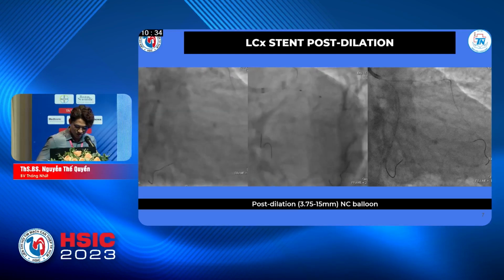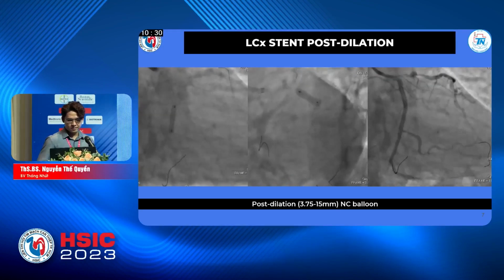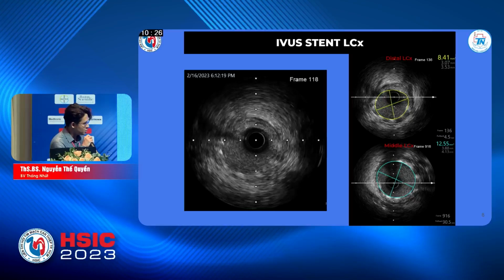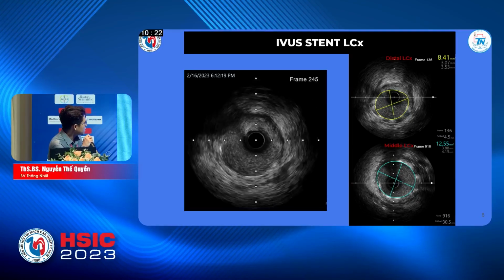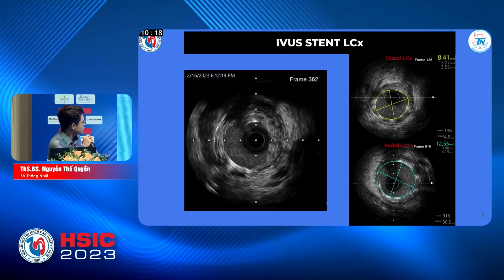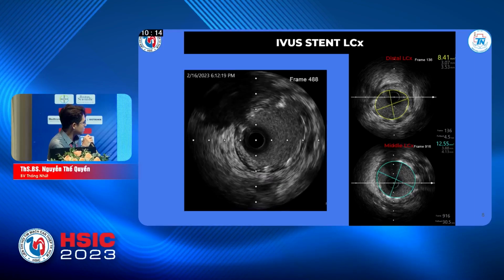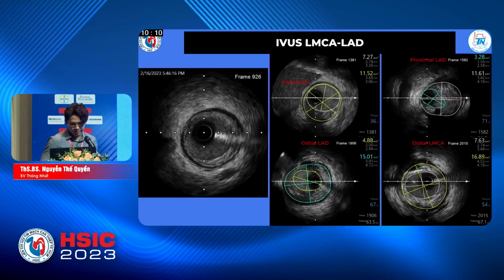And this is the final result of the circumflex. The post-stent IVUS shows an acceptable stent expansion, with the distal part of the stent having MSAs around 8.4 and the middle part with MSAs around 12.5 millimeters square.